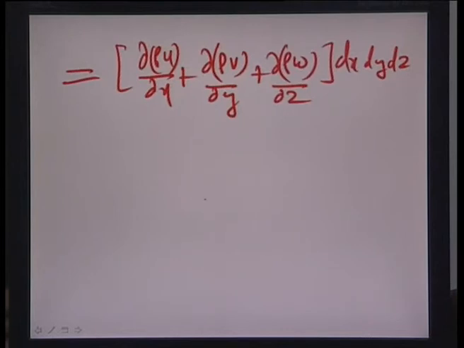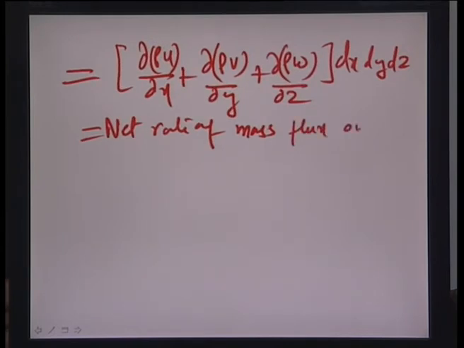Okay. So, essentially this is really the net rate of mass flux out through the control volume surface. So, I can write this as the net rate of mass flux out through the control surface.